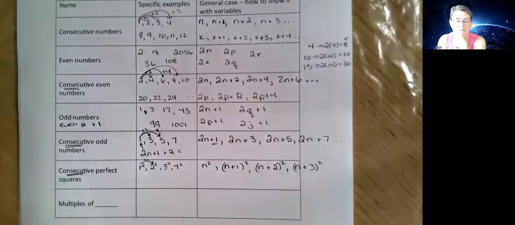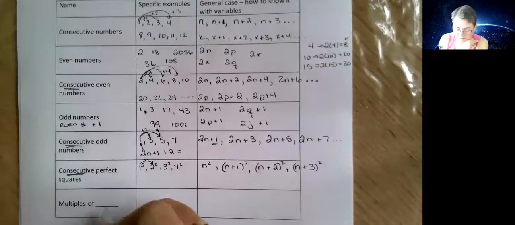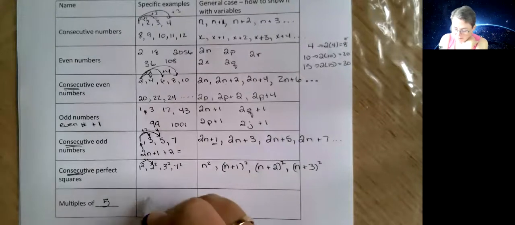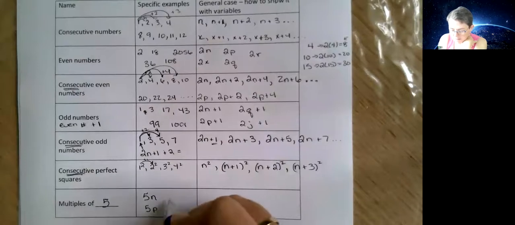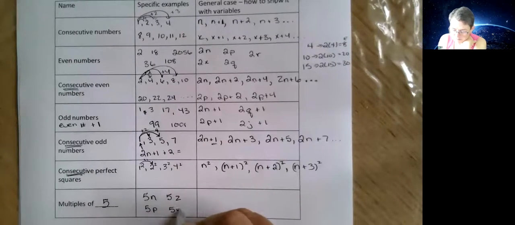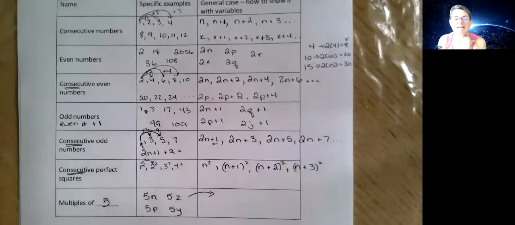All right, last one here is multiples of whatever number you want. So let's just pick 5. So then you go 5n, 5p, 5z, 5y. Whoopsies. That should have been over there.